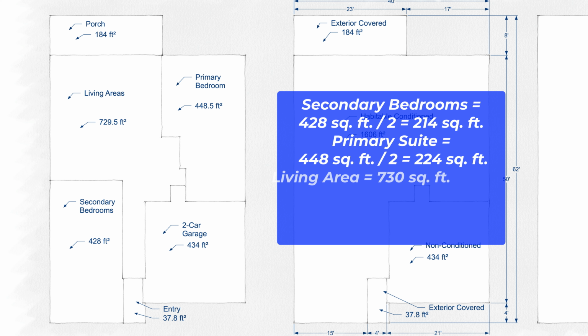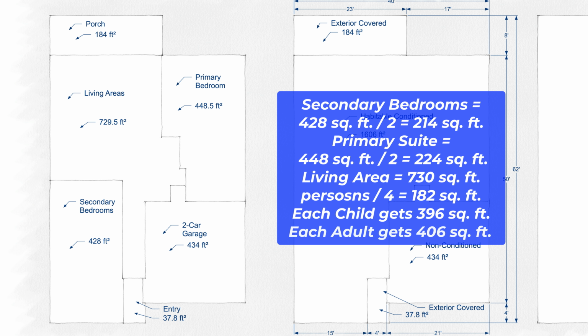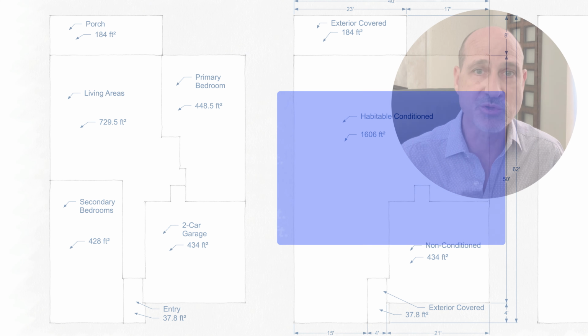With 730 square feet of living area for a 4-person household, that's 182 shared square feet per person. So each child lives in 396 square feet, while each adult lives in 410 square feet. Around 400 square feet per person is a reasonable and acceptable area for a modest house.